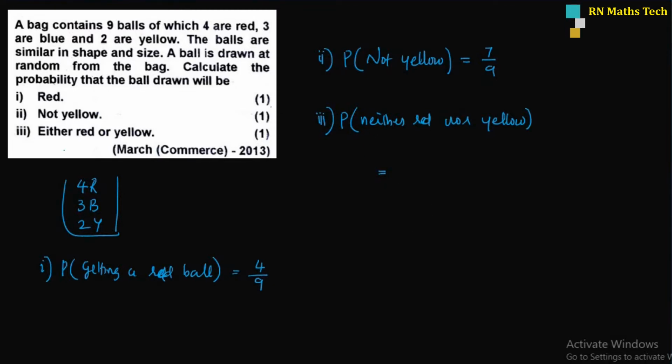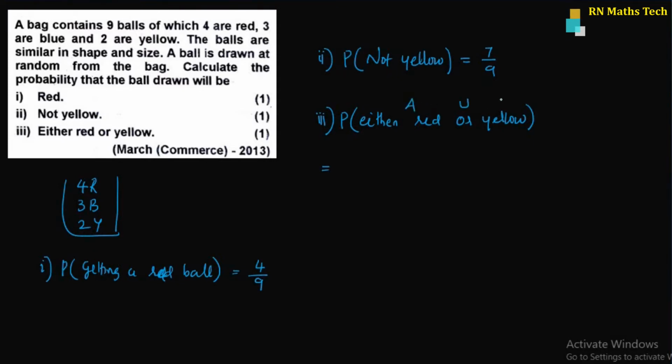so this is not neither nor, either red or yellow. Okay, that is equal to, this is of the form P of A or B. Or means union.